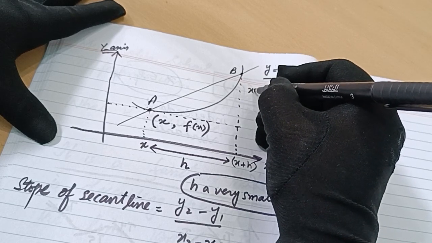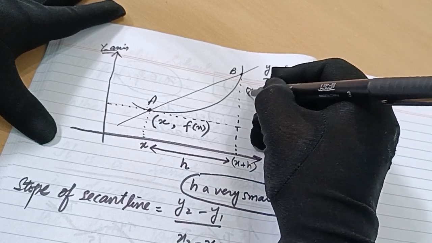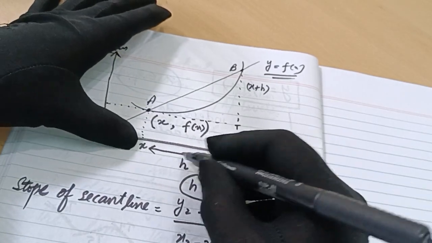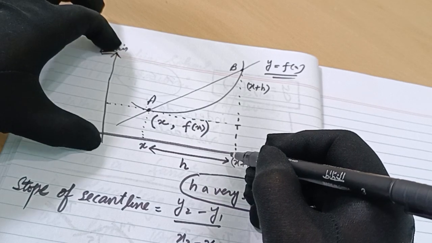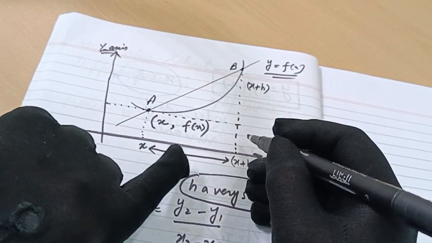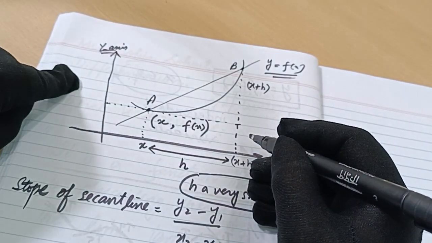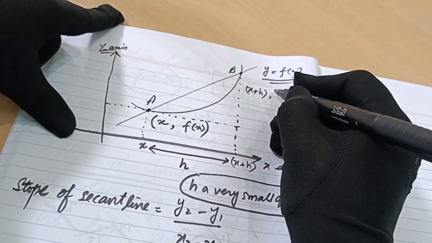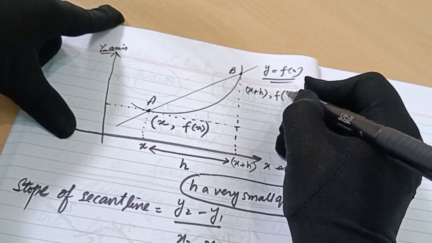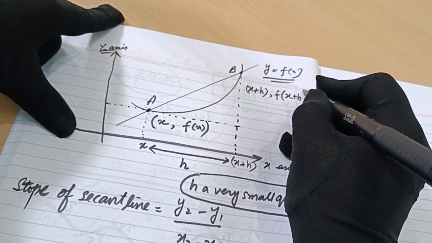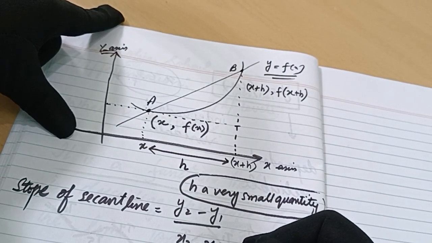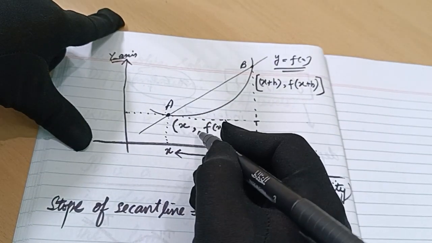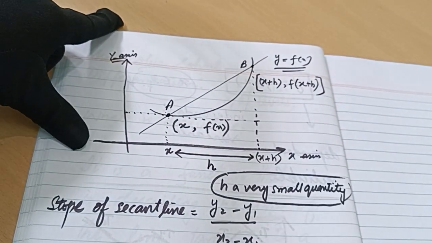So this is becoming x plus h now. After the change in h, x is becoming x plus h, and y is also changed accordingly. When x is changing, there will be a change in y also according to the same change. So the function will also change to f of x plus h. Okay, so this is the coordinate of the A point, this is the coordinate of the B point.